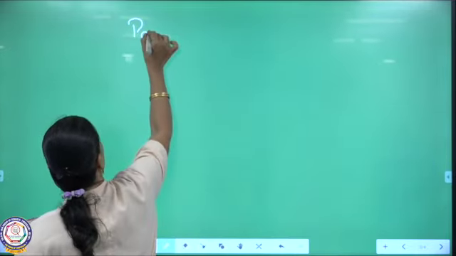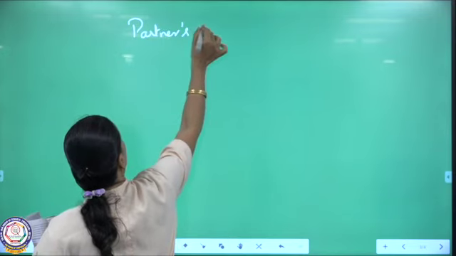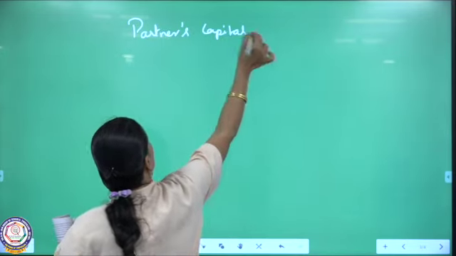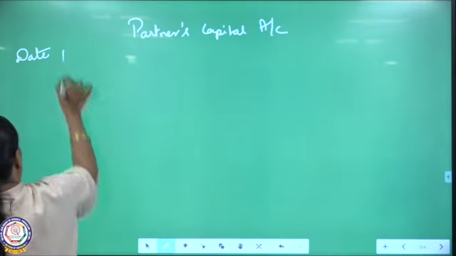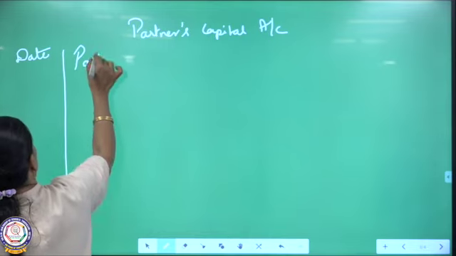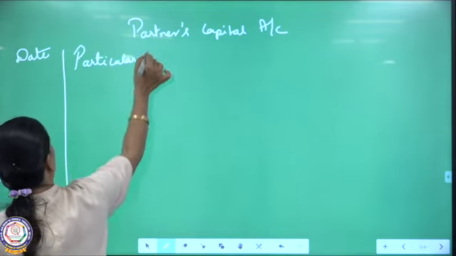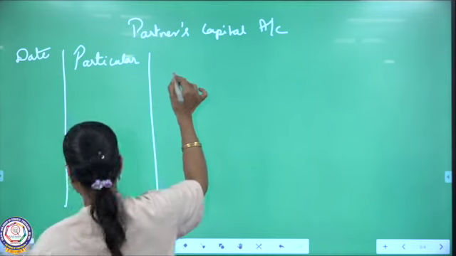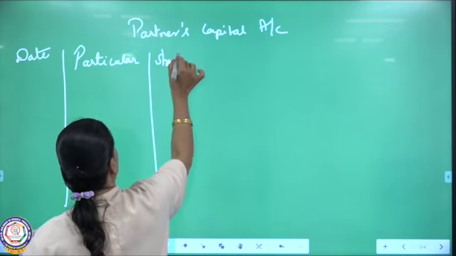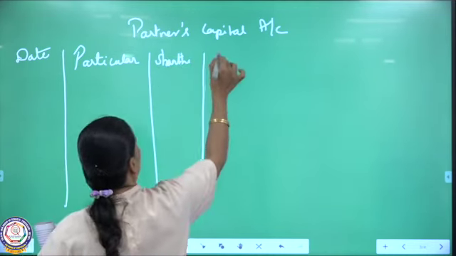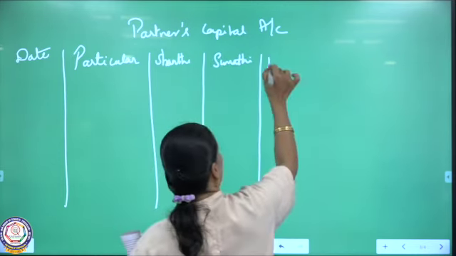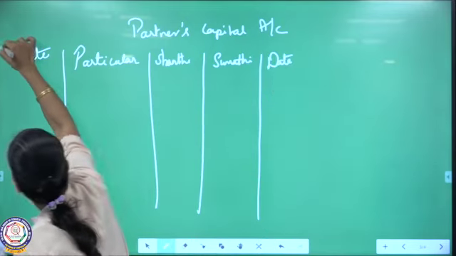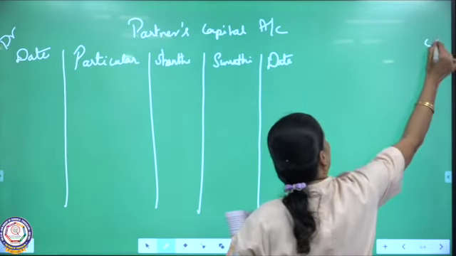First, we have to find out the partners' capital account, okay. So, date, particulars, Shanti, Sumati, and then again date, this is debit side, this is credit side, okay.